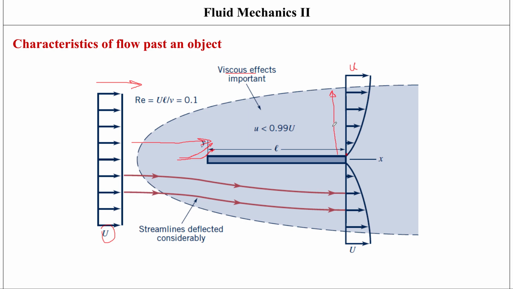Okay, so what I'm trying to say is the velocity is 0 here, and then obviously it's increasing until the point that, let's say over here, the velocity has reached. So if, let's say, capital U over here is 100 meters per second, just as an example, I'm just going to simplify it for you. There's going to be a point where the velocity is going to be 99 meters per second, right?